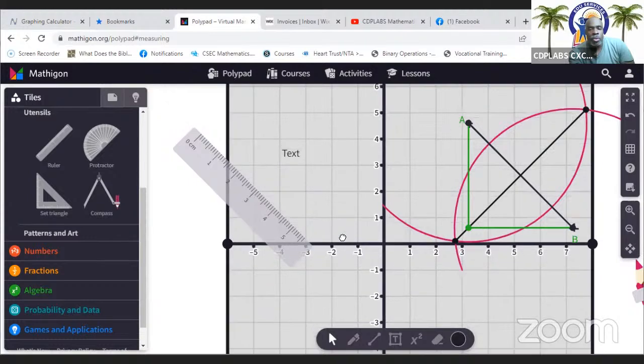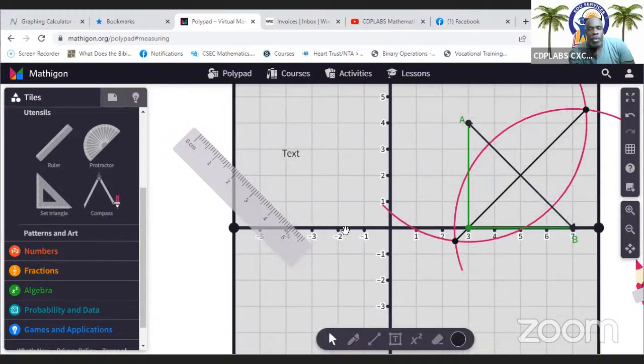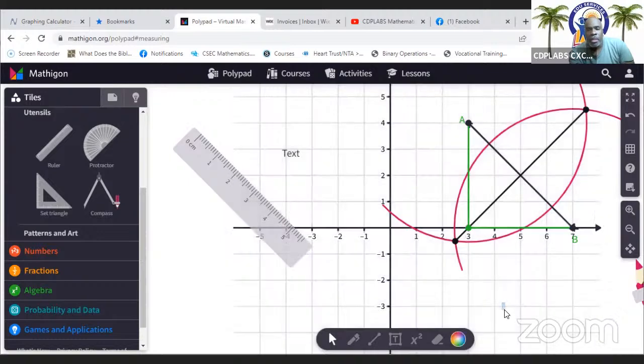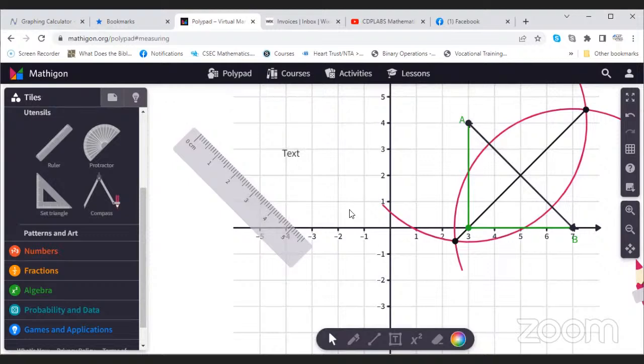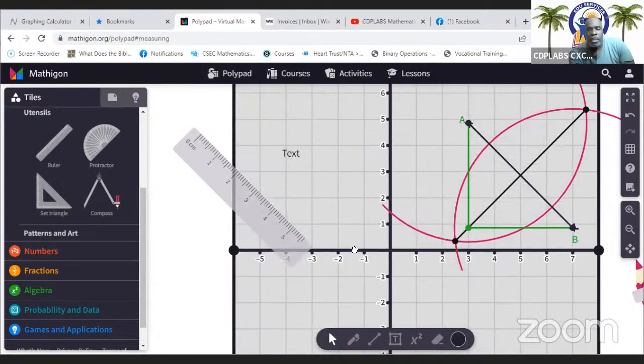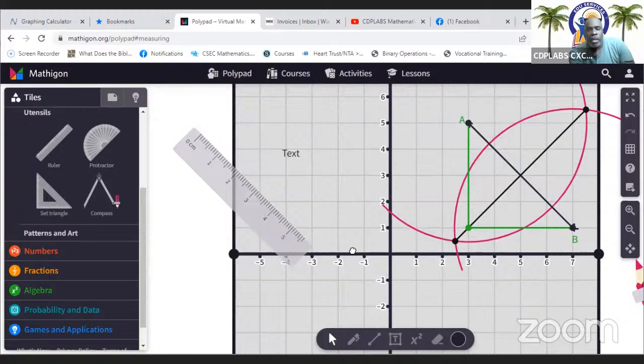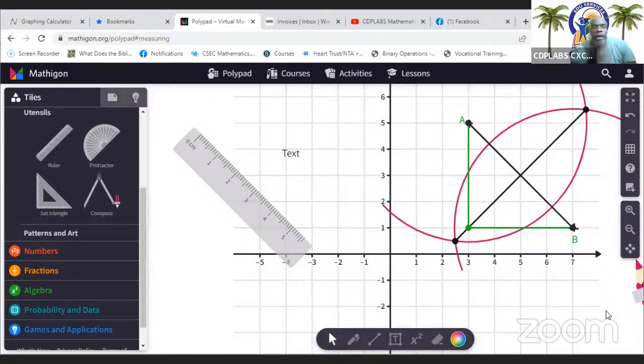There's the answer for part B. Let me set it up now. Let's use the calculation method.